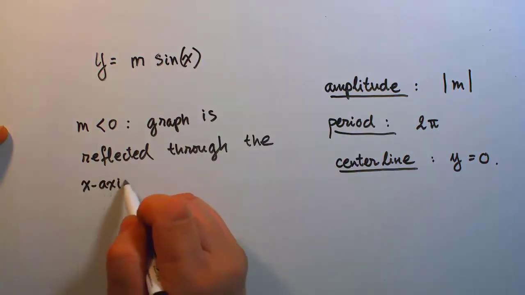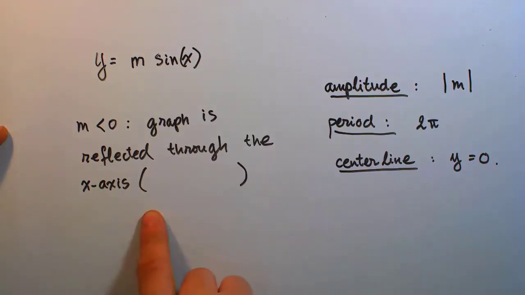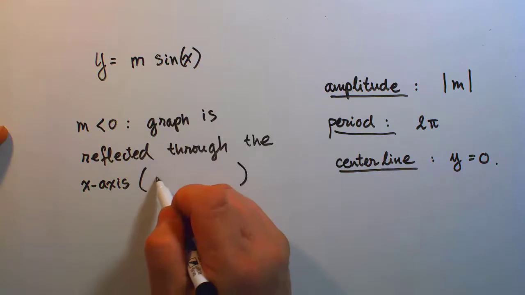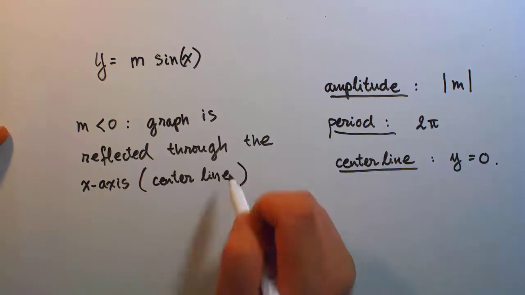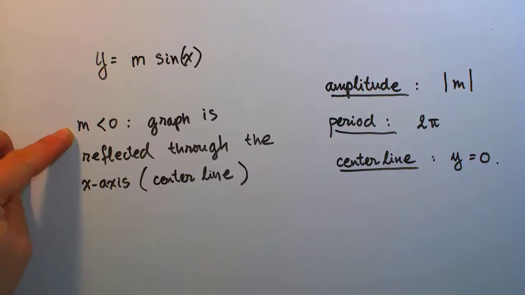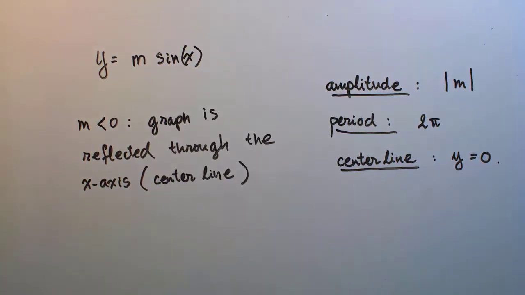And I highly encourage understanding the x-axis here, as a generality, as the center line. So anytime our m value is below 0, being negative, our graph is going to be reflected through the center line of our trig graph.